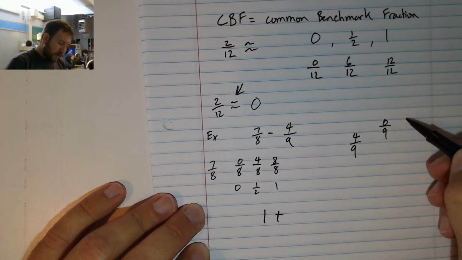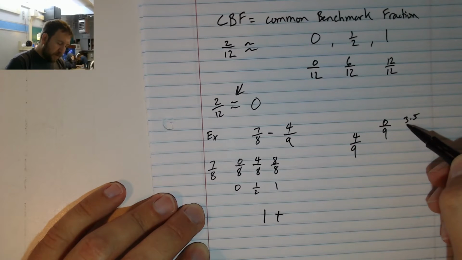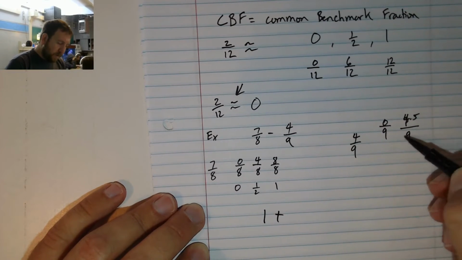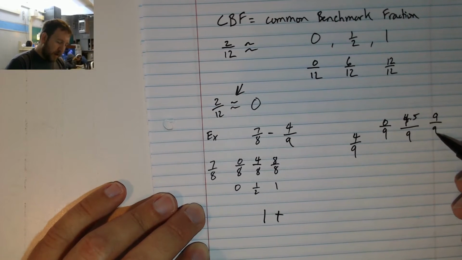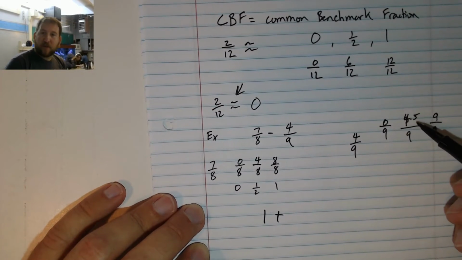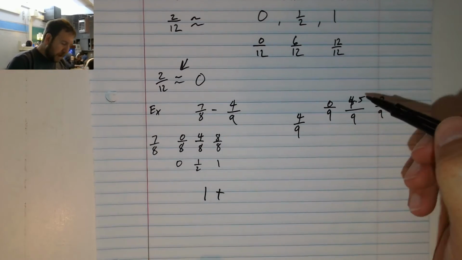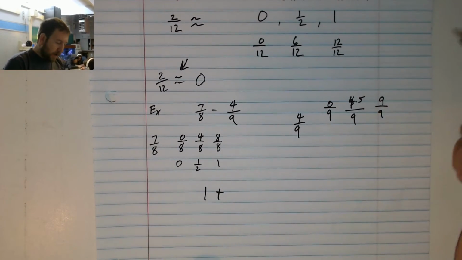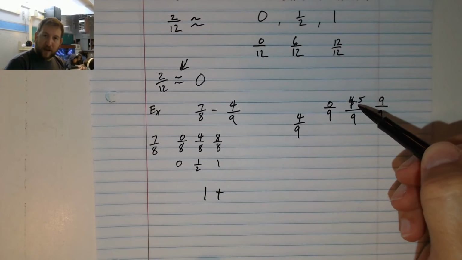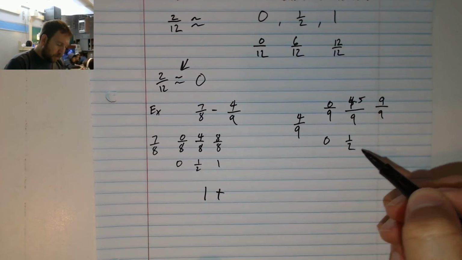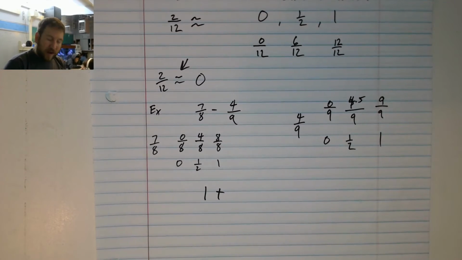Half of 9 is 3.5. Wait, no, sorry. It's 4.5 over 9, and 9/9. And if I multiply this 4.5 by 2, I will be able to turn this into a 9. 4 is definitely closest to my squiggly 4.5, so I know that it's about equal to 1/2.